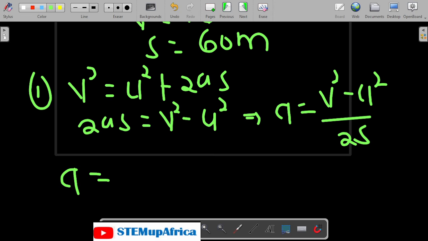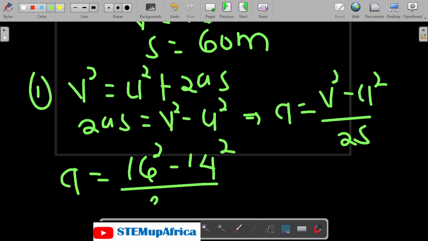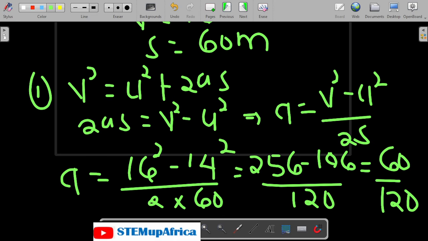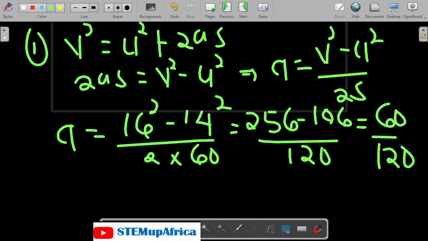My a will be 16 squared minus 14 squared over 2 times 60. 16 squared from my calculator is 256, minus 196 over 120. So I'm having 60 over 120, so our a will be 0.5 meter per second squared.